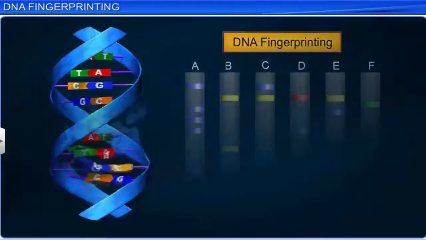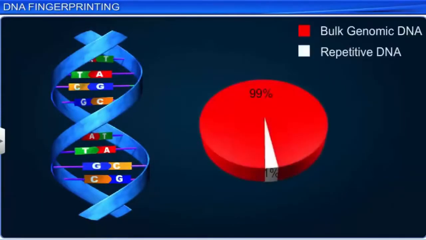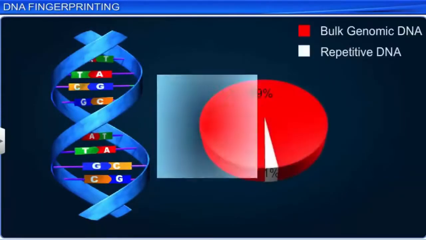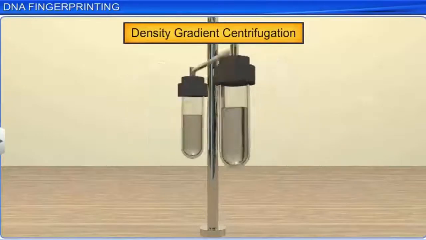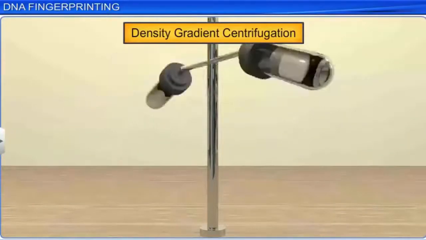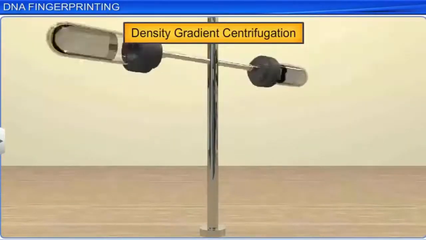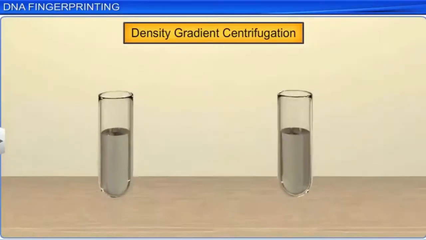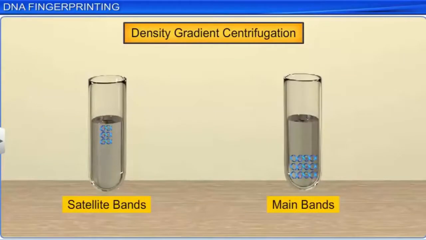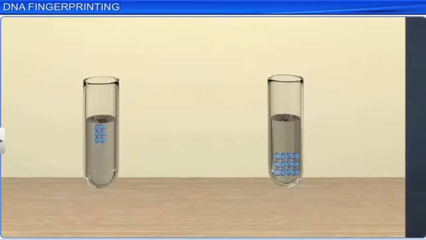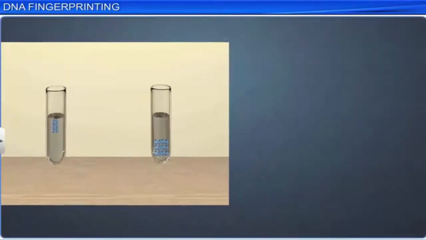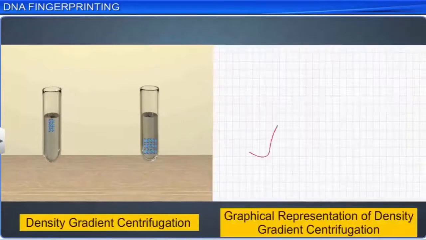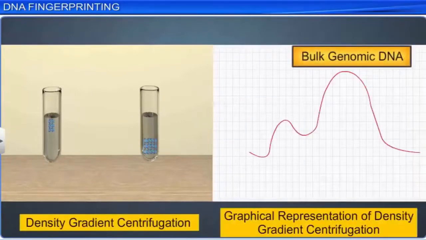To separate both genomic as well as repetitive DNA, the process of density gradient centrifugation is carried out. As satellite DNA is lighter and bulk DNA is heavier, they get separated on the basis of their density. Graphical representation shows bulk genomic DNA as a major peak and repetitive DNA as smaller peaks known as satellite DNA.